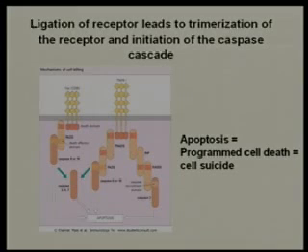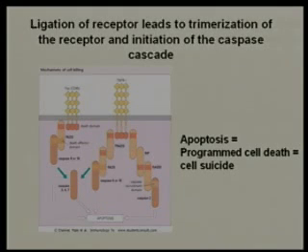Now again, the exact caspases here are not important for us for this lecture. However, what you need to know is that ligation of FAS, the FAS ligand on the cytotoxic T cell, leads to activation of the caspase cascade and induction of apoptosis.